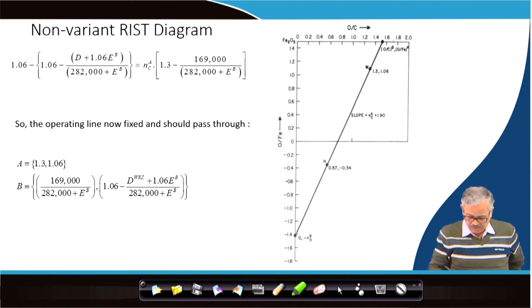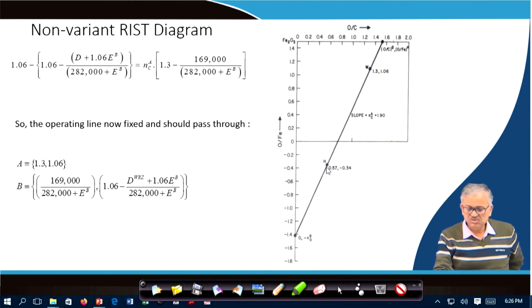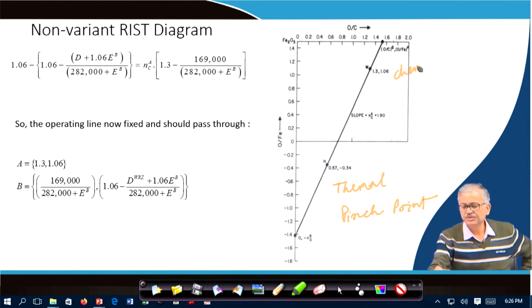One is called the thermal pinch point H, and this other point is called the chemical pinch point.